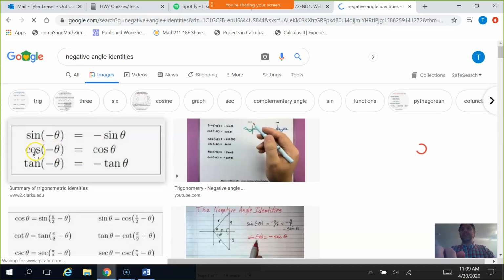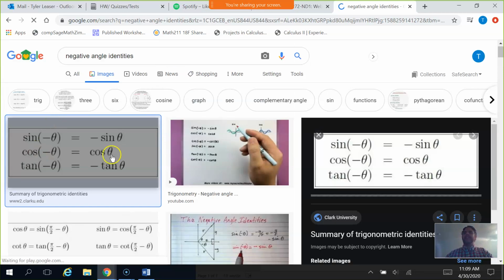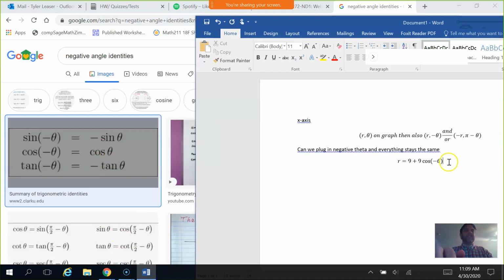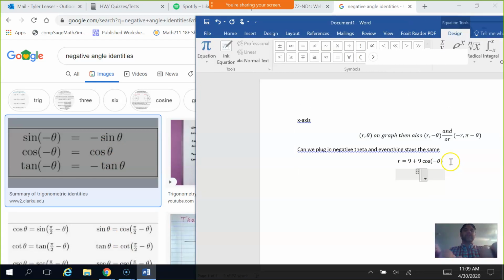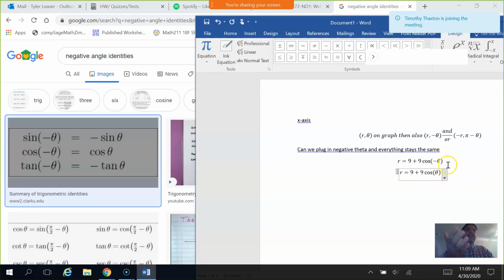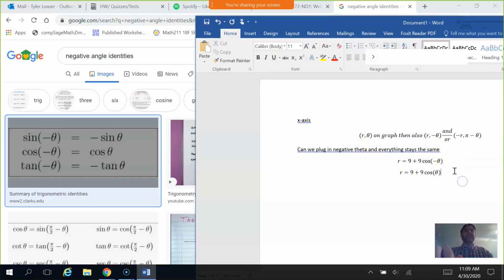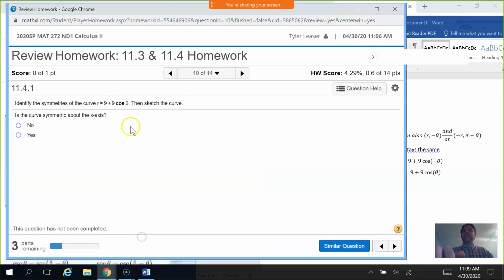So if you have a negative angle inside of cosine, it's the same thing as cosine of the positive. Going back to our equation, all we do is make that negative go away, and we get what we want. If I plug a negative theta into this, it's the same thing as plugging in a positive theta. In other words, this graph is going to be symmetric to the x-axis.